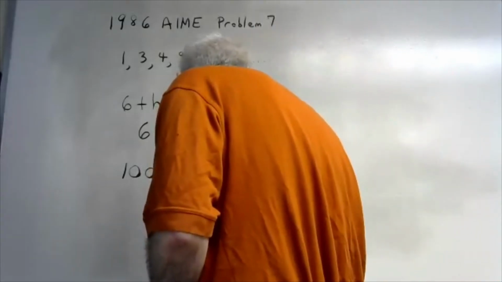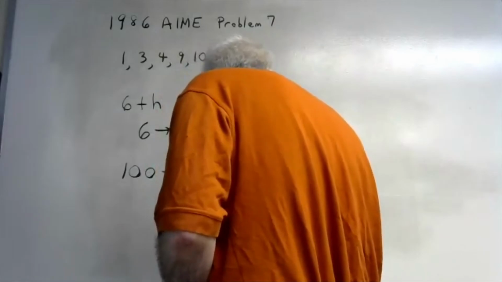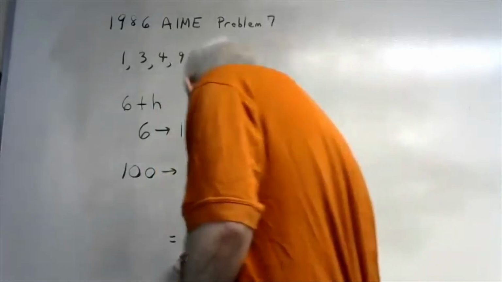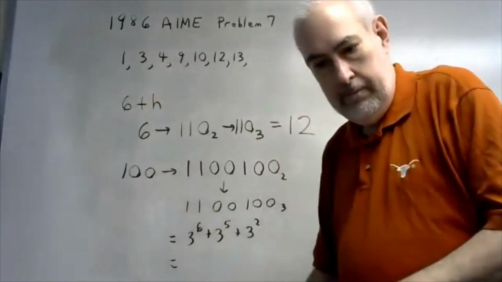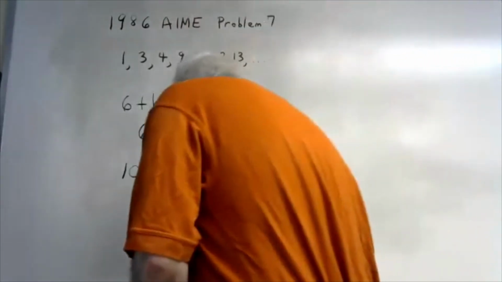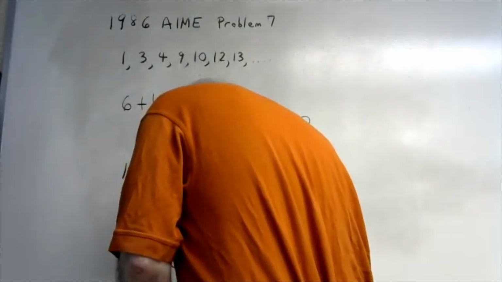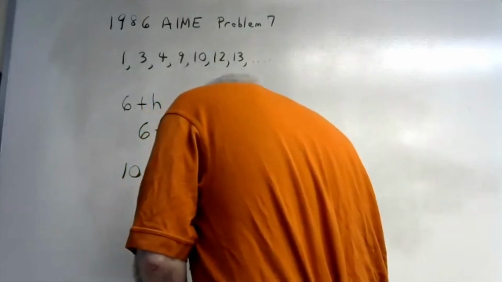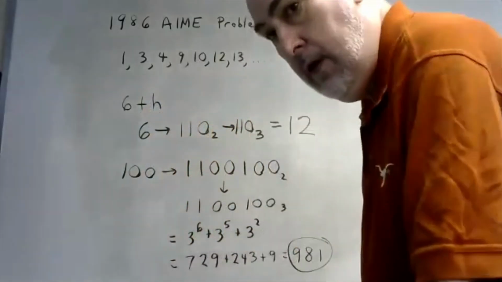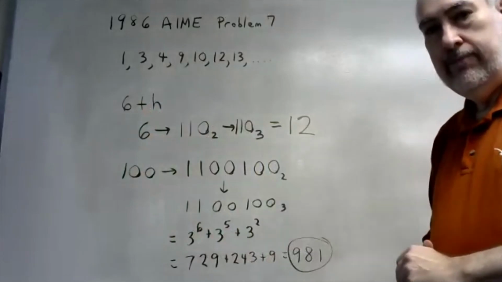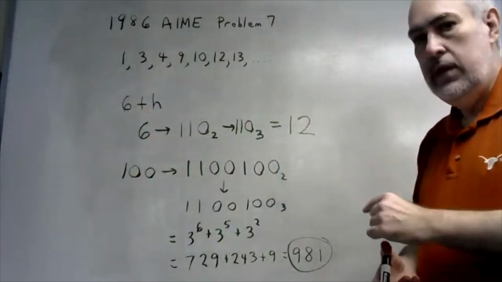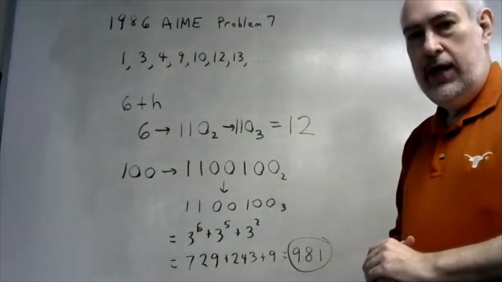So 3 to the 6th plus 3 to the 5th plus 3 to the 2 equals 729 plus 243 plus 9, which is 981. So the 100th term in this sequence is 981.